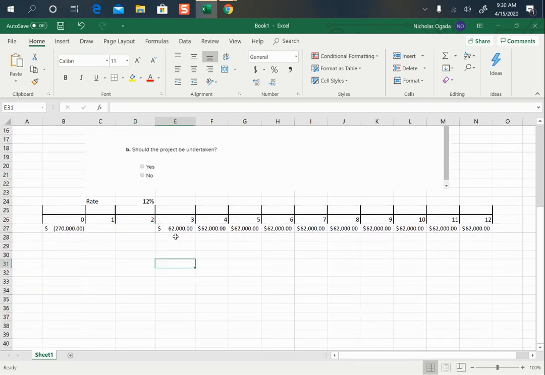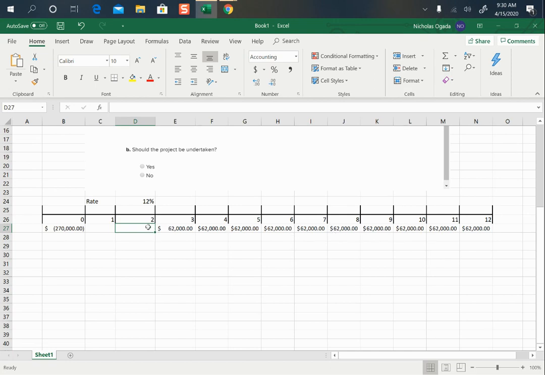So what we need to do is to determine the present value of these annuity payments back to the end of year 2, which is basically the beginning of year 3, because this payment is coming at the end of the year.